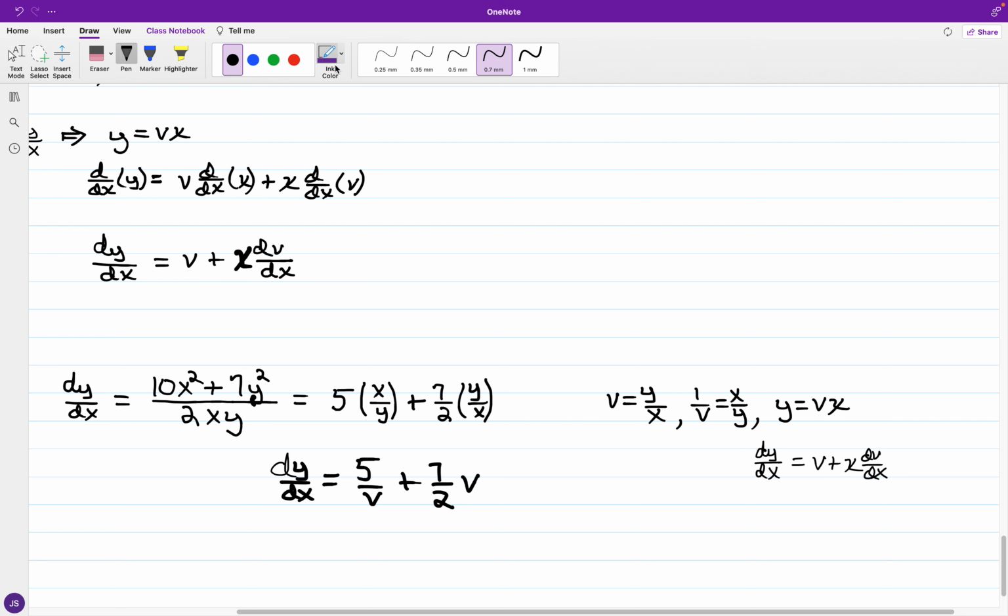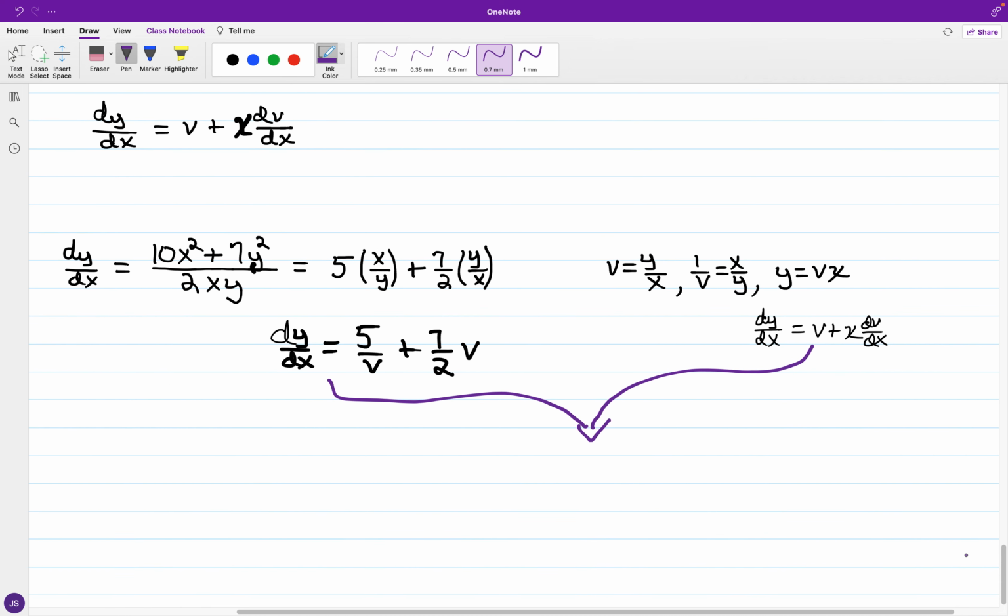And notice we have both of these equations in terms of dy over dx, so I can set these expressions equal to each other.